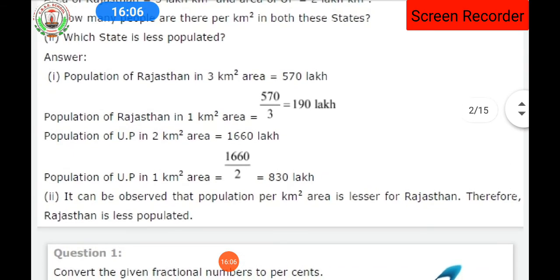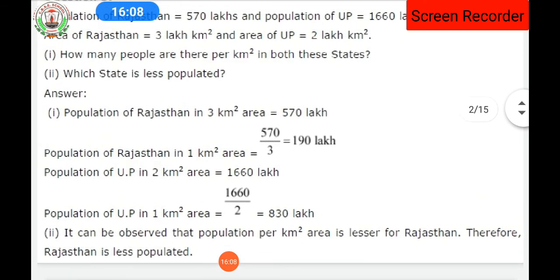Now population in Rajasthan in 1 kilometer square area is how much? 250 lakh. Similarly for population of UP, how much the population is given in the question? 2 lakh kilometer square is equals to 1660 lakh is given, isn't it?